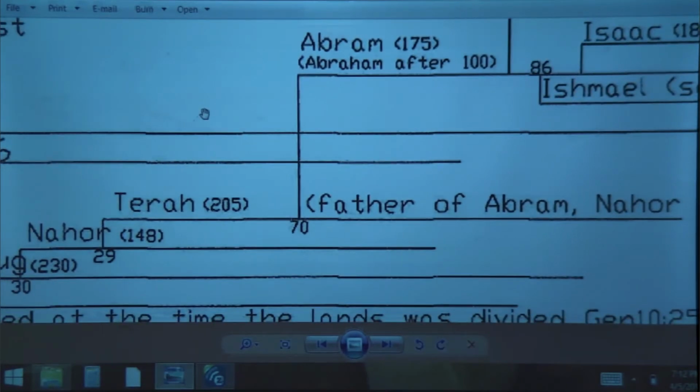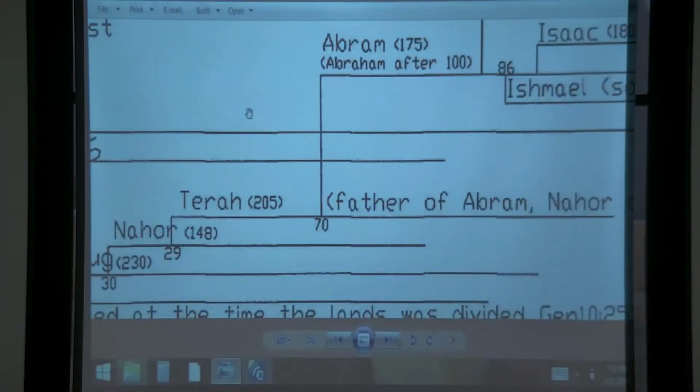What is Abraham known for? Who was he? He is like the father or the forefather of the nation of Israel, right? The nation of Israel was completely destroyed and scattered in 70 AD. When did the nation of Israel come back as a nation?